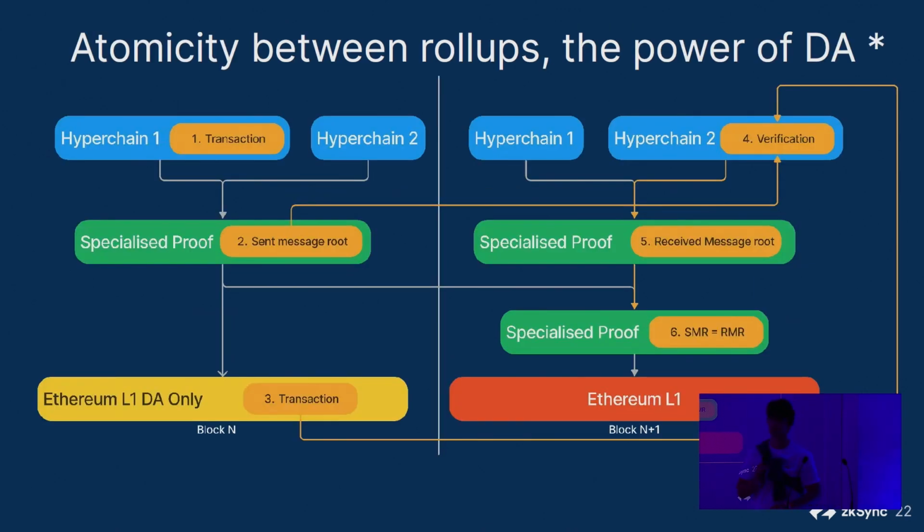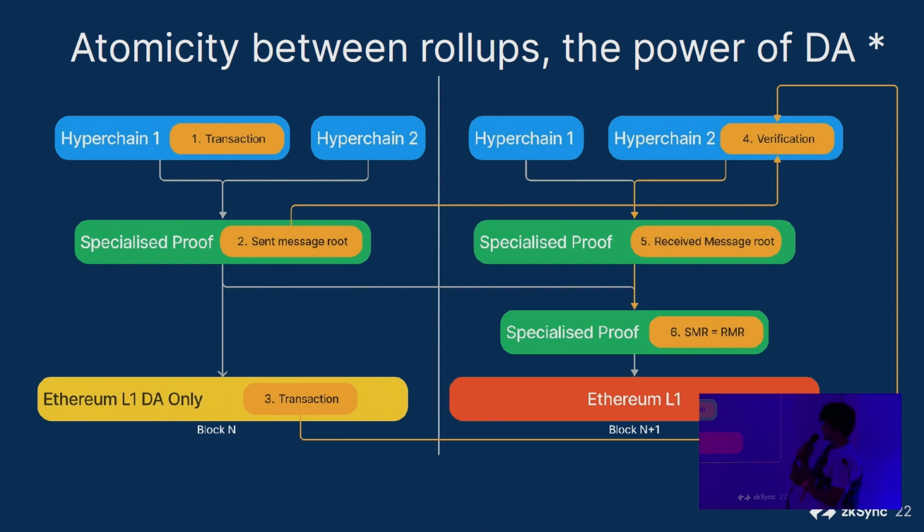Another add-on, which is atomicity. I also think this is possible between hyperchains, but it is a very complicated construction, so I will not even go into full details here. Simplified version of the solution is that we not only record the sent message routes, but we also record the received message routes that all the hyperchains receive.